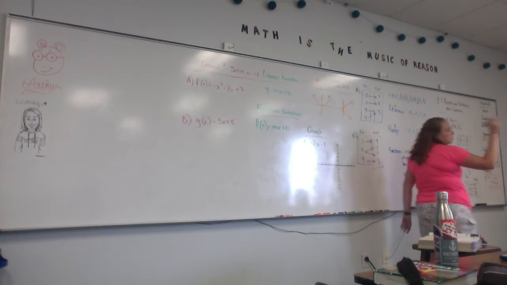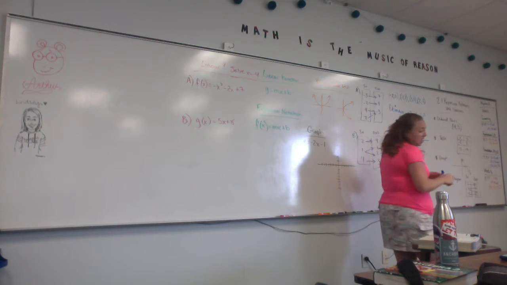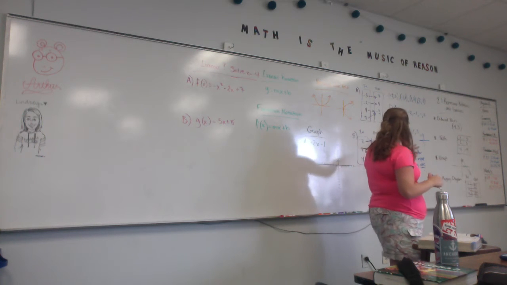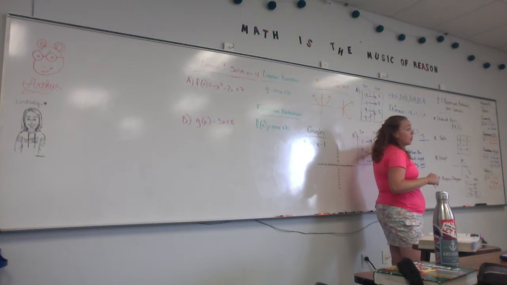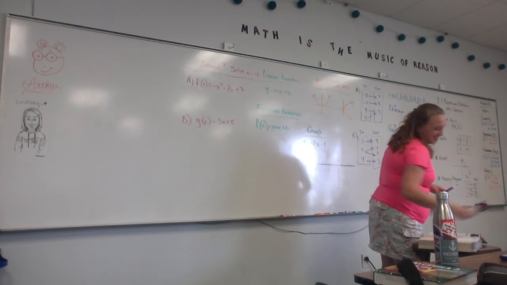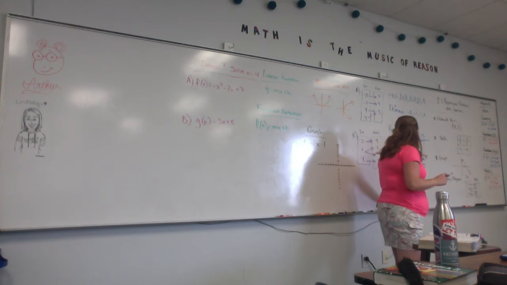You don't have to do a separate graph for each one. And then if you were to put this into an input-output diagram, that is where I would need to list 3 twice. Because 3 matches with 2 different things. And so I have to list 3 twice in that case.